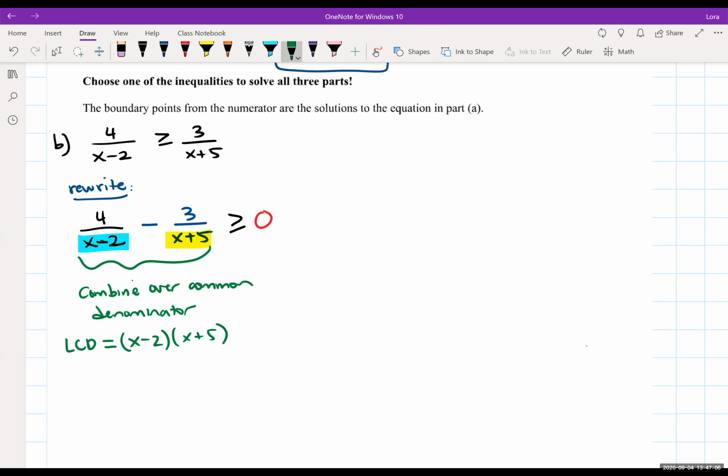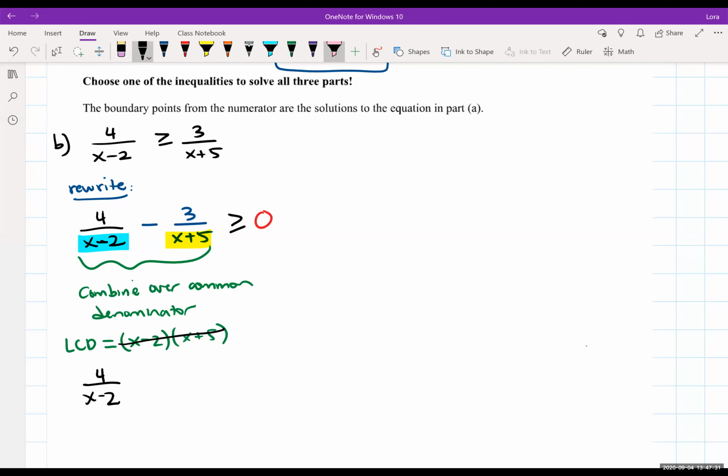So when we're going through this, I'm going to rewrite this over again just so that you see. Our job is to build 4 over x minus 2 up to an equivalent fraction such that it has the LCD as its denominator.